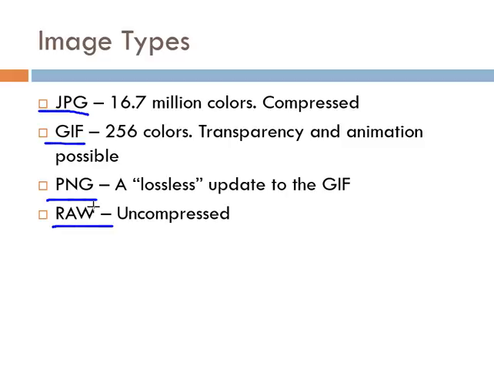PNG was designed to provide many of the same benefits of a GIF file, like animation and transparency, but in a higher graphic format. It was never patented, so it shows up in places, and if you're saving images, you may see that it is saved as a PNG on a website. I tell you this mostly so that you'll know that it's out there.